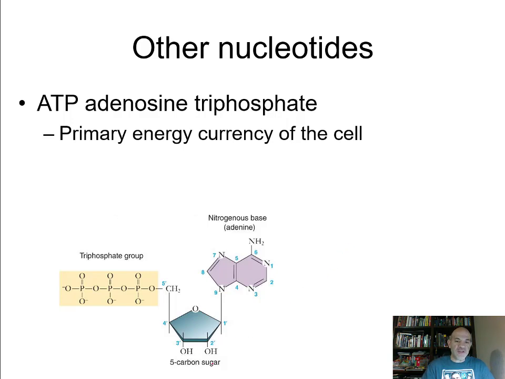As you can see here, down here in the bottom, this molecule looks very much like a nucleotide. We have our nitrogenous base here, we have our 5-carbon sugar, and then we have a phosphate, but we have 3 phosphates, so it's a triphosphate, not just one phosphate. And this individual molecule by itself is basically the energy currency of the cell.